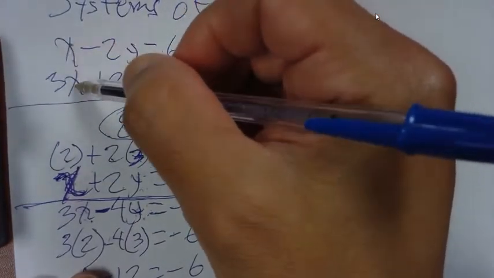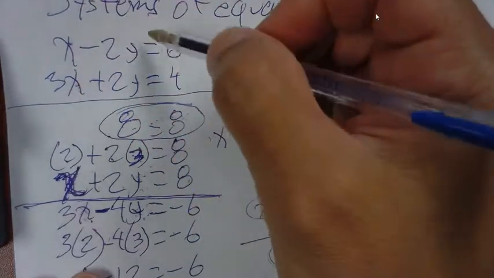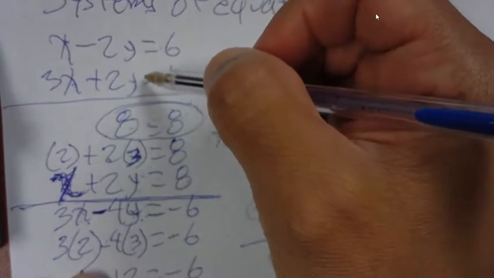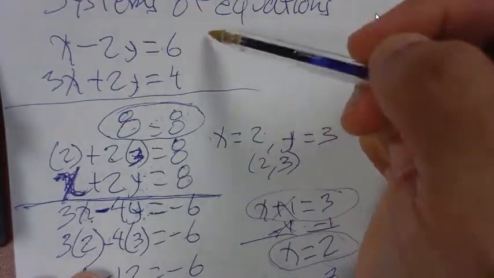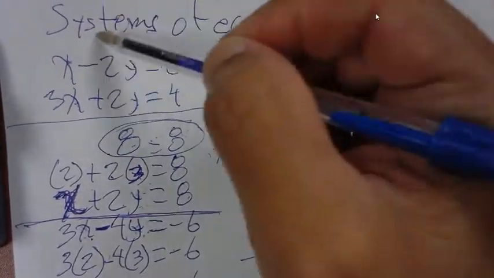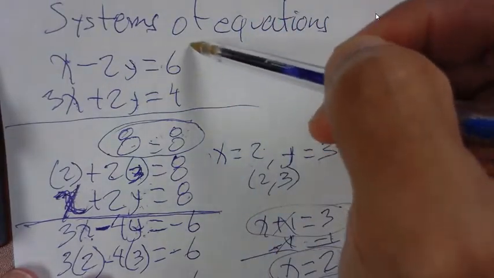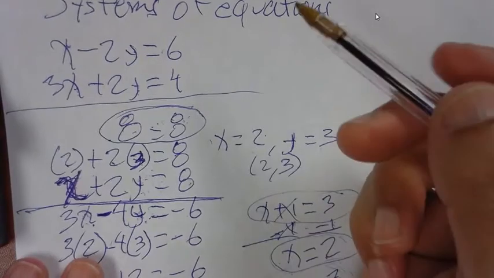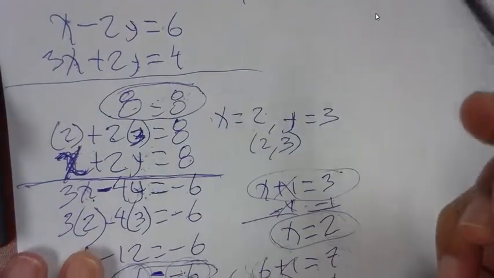The values for your x or your variables are the same, while the values for your y's are always the same. Whenever you are working with a system of equations, this is just one problem. The whole thing is just one problem. And that's one way of thinking about it.